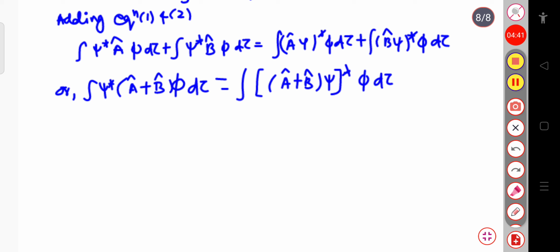So here you can see that if I take two Hermitian operators A cap and B cap, then the sum of the two Hermitian operators is again Hermitian. This is the proof.